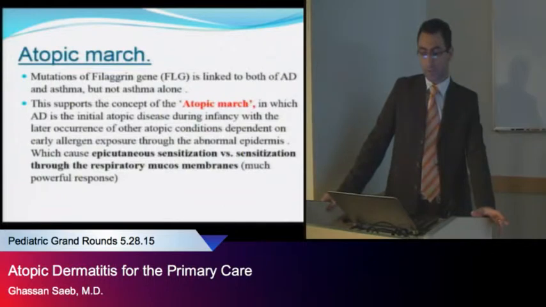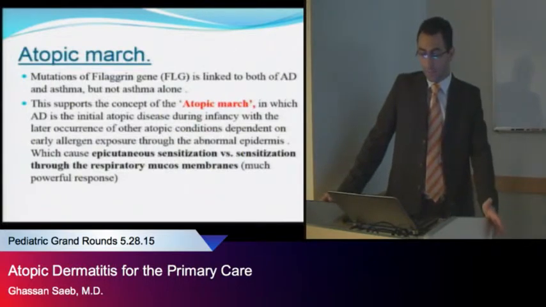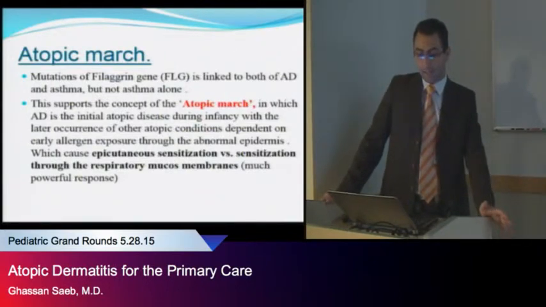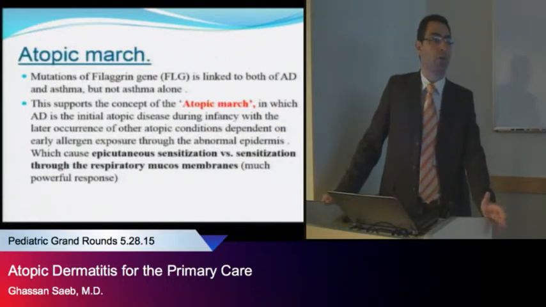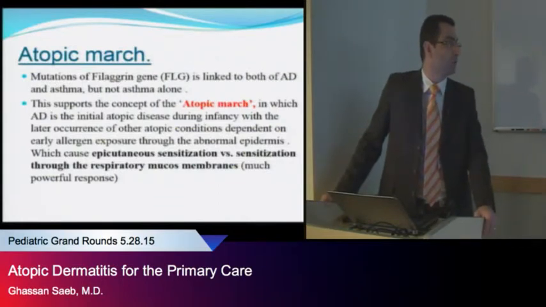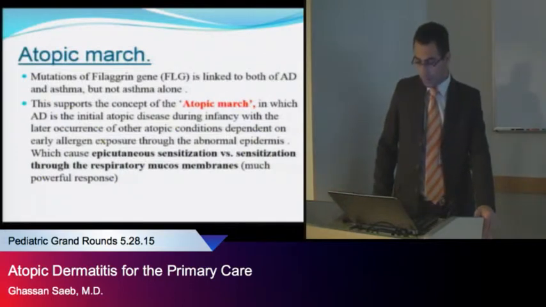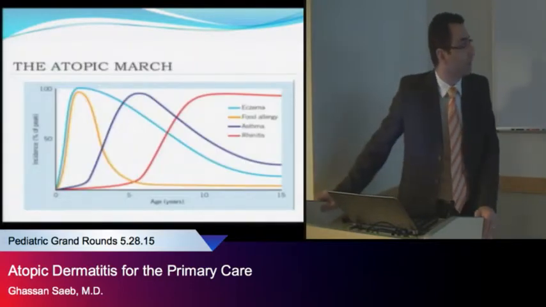This supports the concept of the atopic march, in which AD is the initial atopic disease during infancy, with the later occurrence of other atopic conditions depending on early allergen exposure through an abnormal epidermis, which causes epicutaneous sensitization, versus the normal sensitization that we have through our mucous membranes or respiratory mucous membranes, and that can cause a much more powerful response.